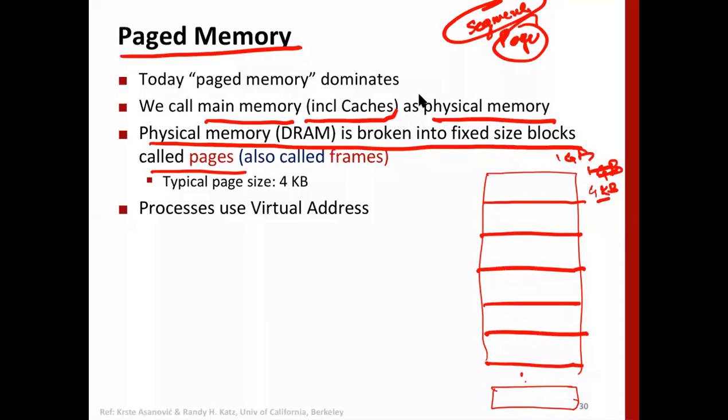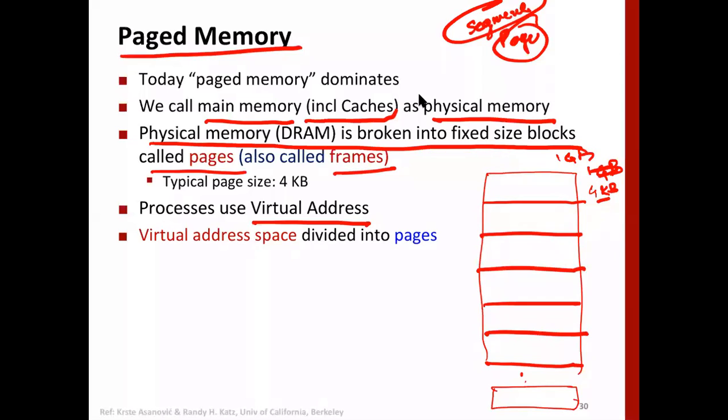Sometimes some authors call this partition a frame. So if you get the word frame sometimes in a presentation or a book, treat this as a physical memory page. Now processes use virtual addresses, and the virtual address space is also divided into pages of the same size.